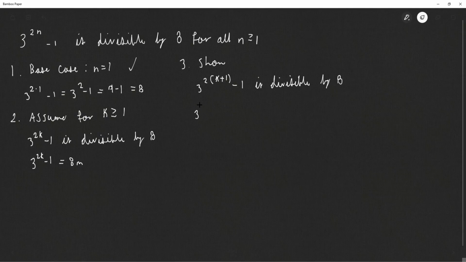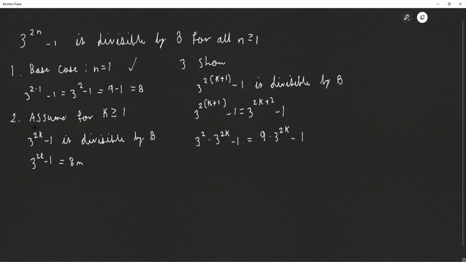We get 3 to the power of 2(k plus 1) minus 1, which, if you factor in the 2, is 3 to the power of 2k plus 2 minus 1. And if you split up the exponents, this becomes 3 squared multiplied by 3 to the 2k, minus 1, which gives us 9 times 3 to the 2k minus 1.